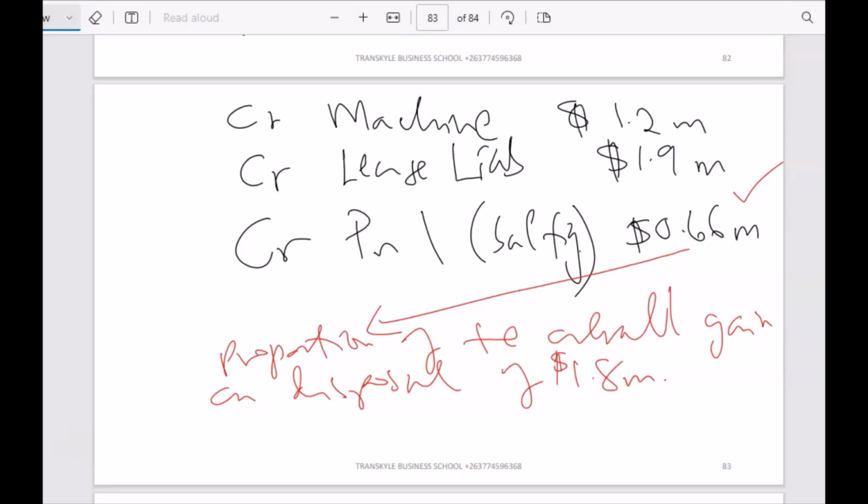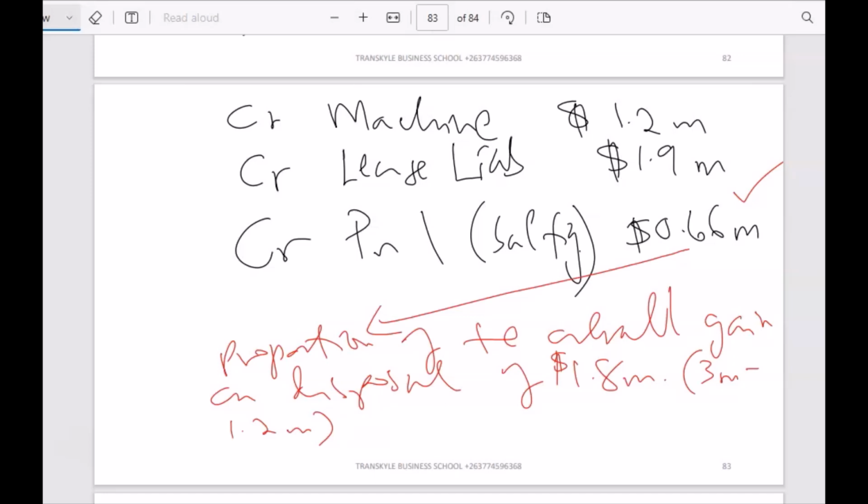Remember, we disposed of the asset for 3 million when the carrying amount of the asset was 1.2 million. So there was a 1.8 overall gain, and this 0.66 million is just the proportion. What do we mean?